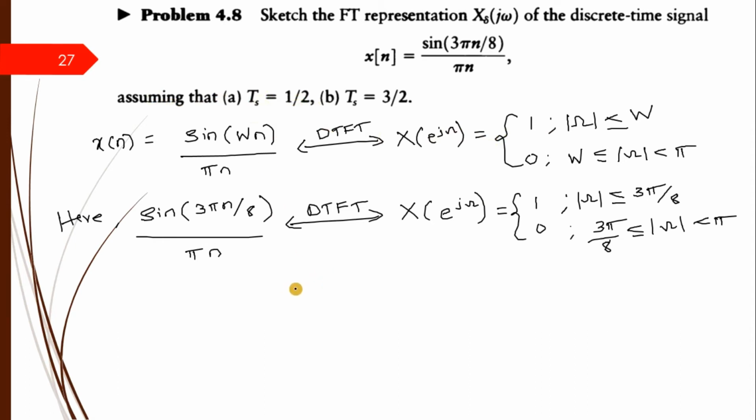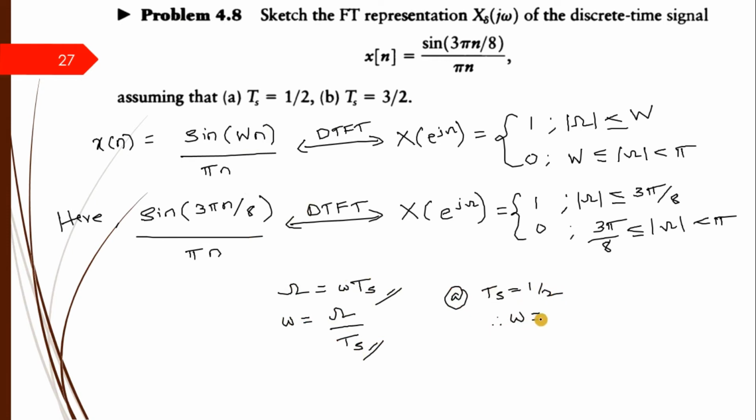Now here in this FT to DTFT relation, we have learned that capital omega is small omega Ts. This is what we have learned. It means small omega is nothing but capital omega by Ts. So what is the first question given? Question A is Ts is equal to 1 by 2.